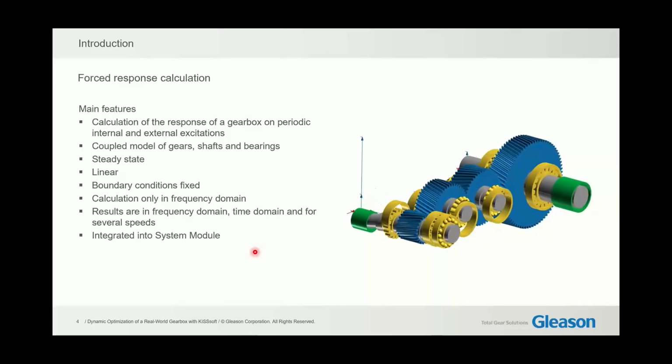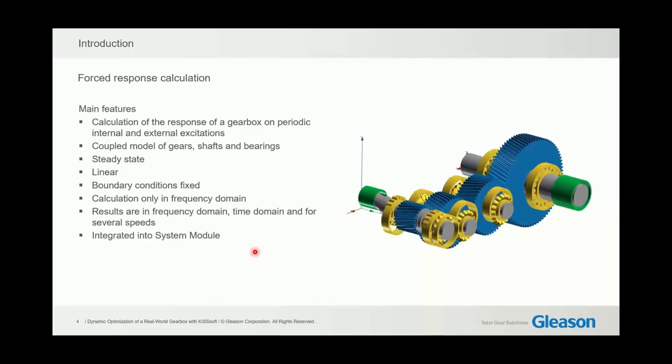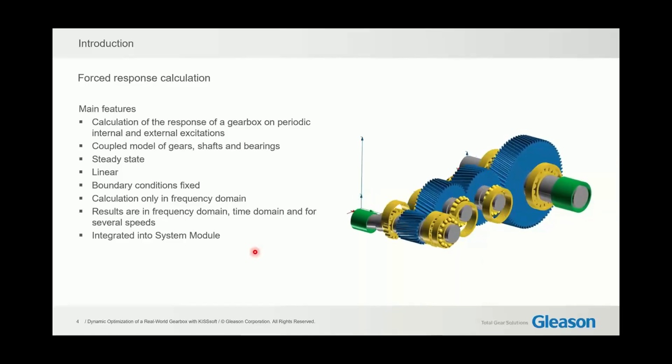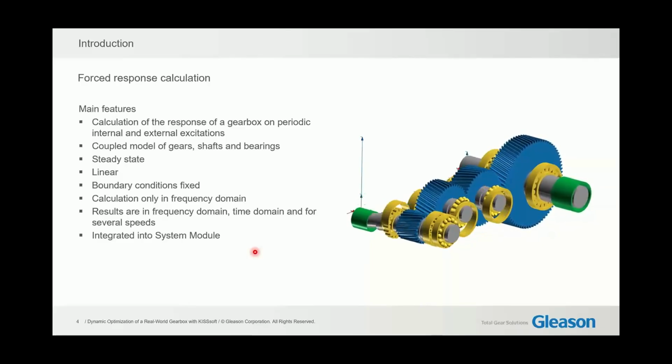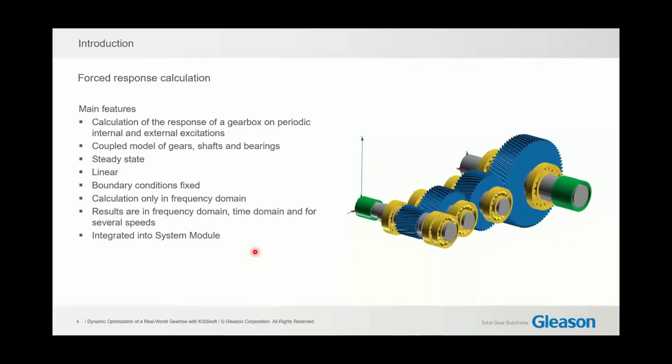Of course, stiffness and these things are non-linear, but the analysis itself is based on a linear equation system. The boundary conditions are fixed, and we calculate only in frequency domain. With this, we are much faster. The results then are given in frequency domain, time domain, and also for a certain set of speeds. This force response calculation is integrated into the system module.